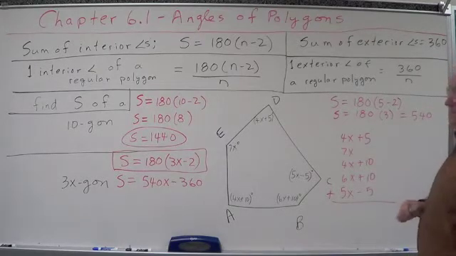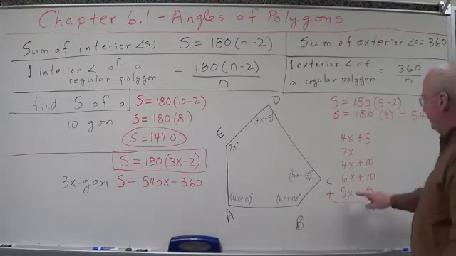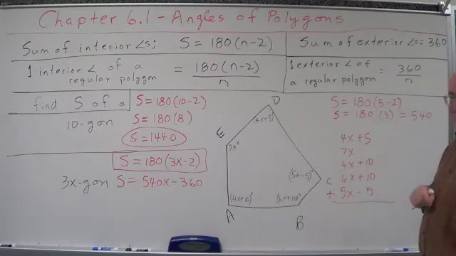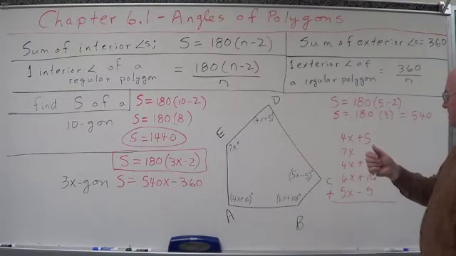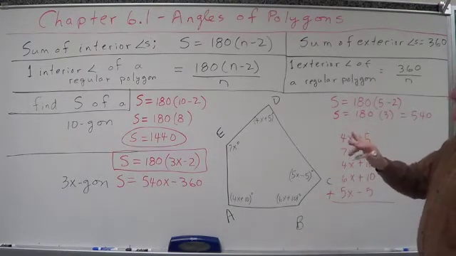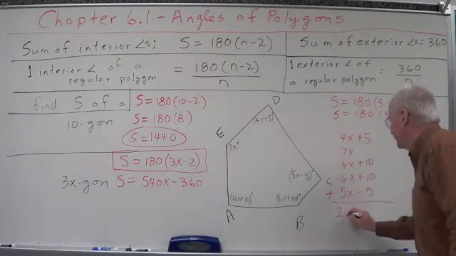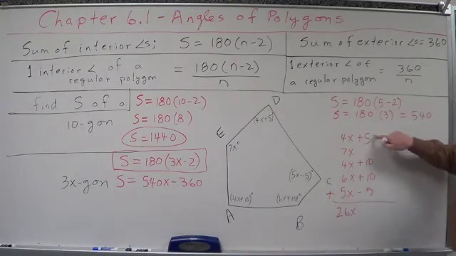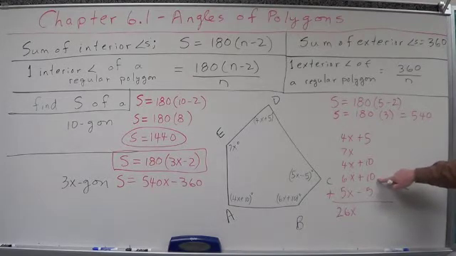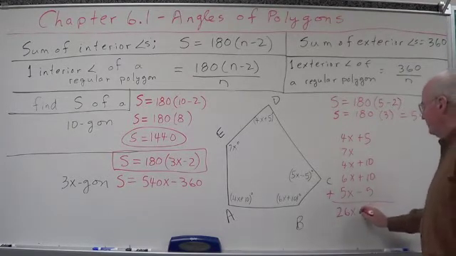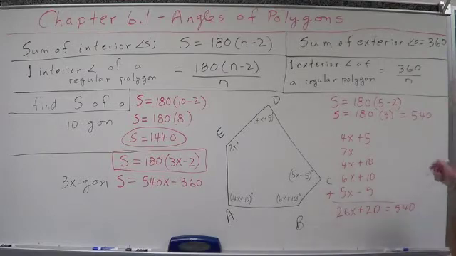We got 4 plus 7 is 11, plus 4, 15, plus 6, 21. 21 plus 5 would be 26x. Let's add the constants. We got a positive 5 and 10, that would be 15. Another positive 10 would be 25. Then we subtract 5, so it's a positive 20. And that equals 540.